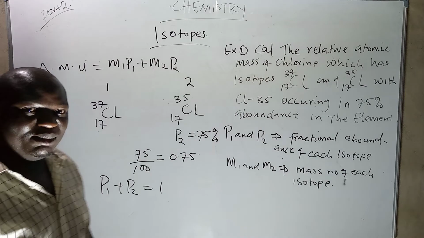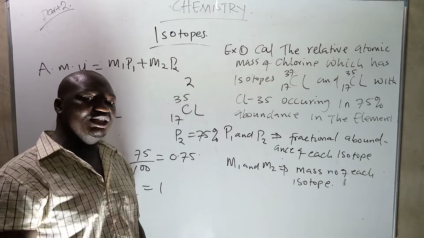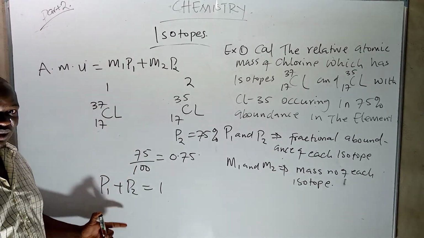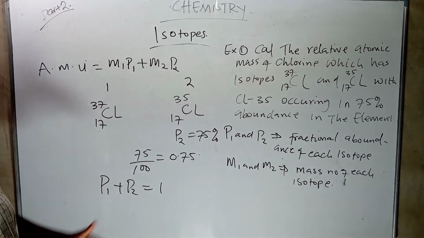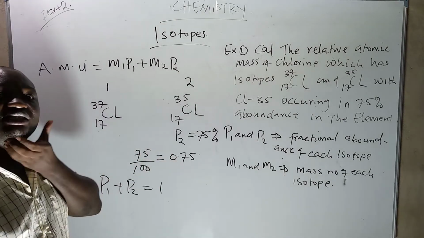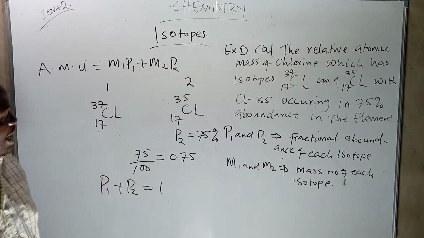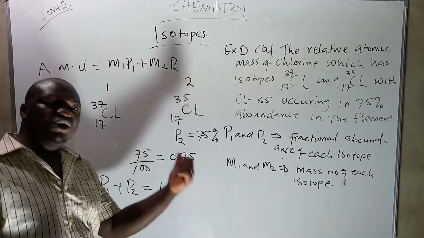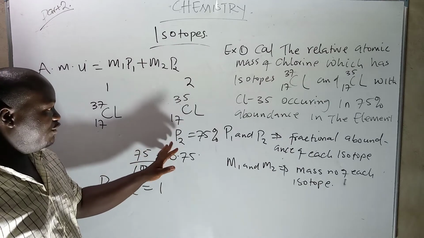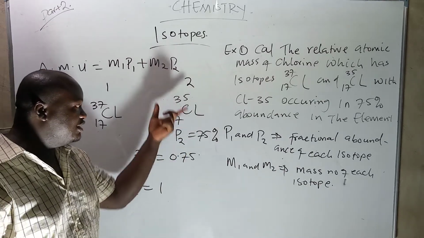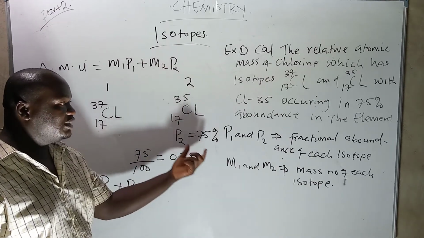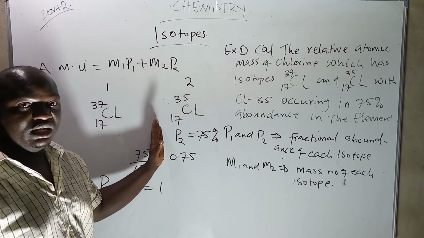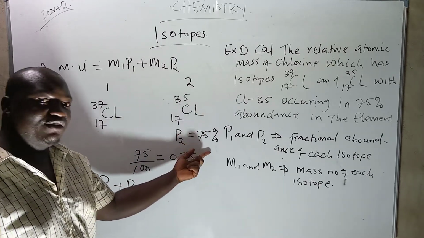Note this, because in the next example I'll be solving in this video, I'm going to use this formula. I said in isotopes, because when you add the two percentages, you must get 1. Now, if they gave you one percentage, they have already given you the other. Here they gave you only the percentage abundance of the second element, which is 75.